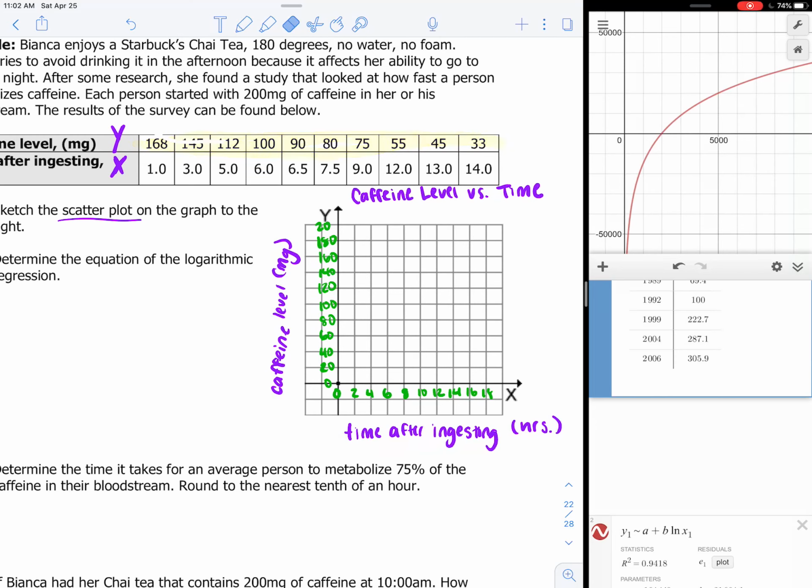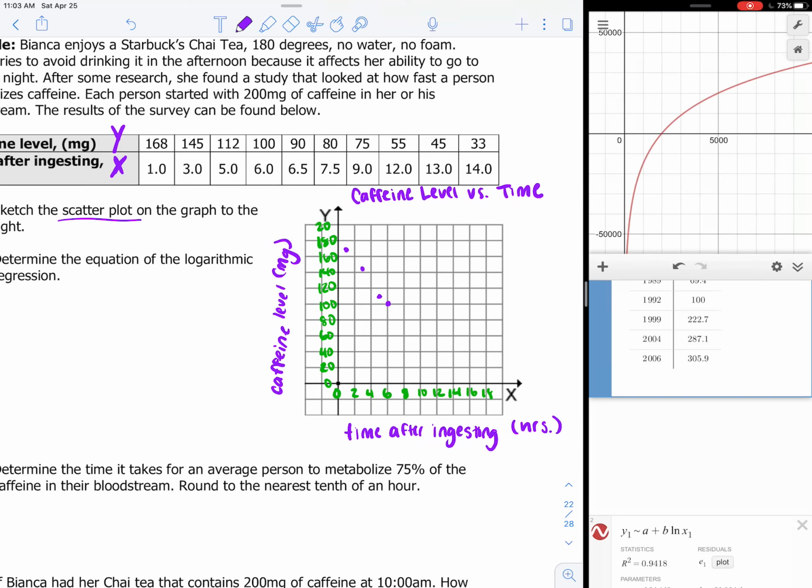At this point, we are just going to plot our values. At 1, we have 168. So X is 1, Y is 168. When X is 3, we have 145. When X is 5, we have 112. When X is 6, we have 100.